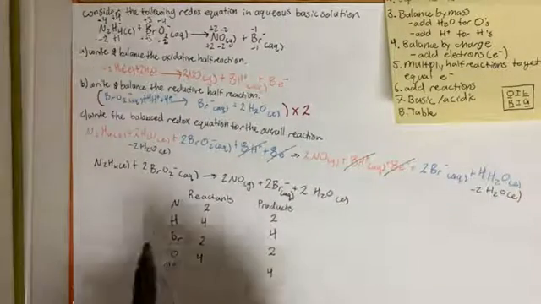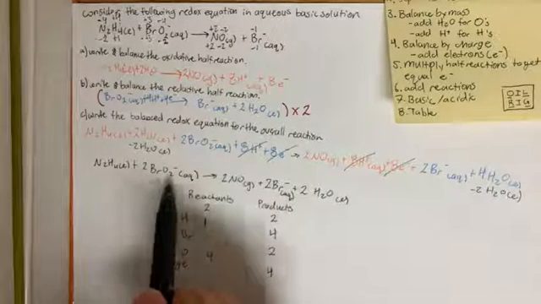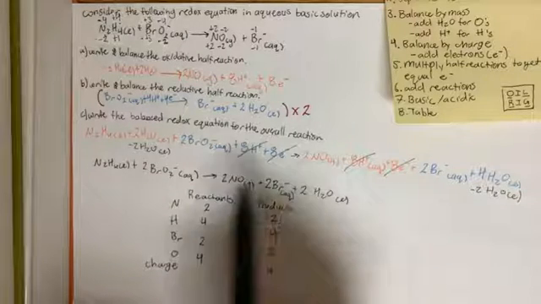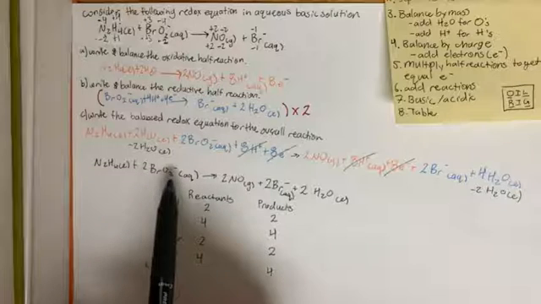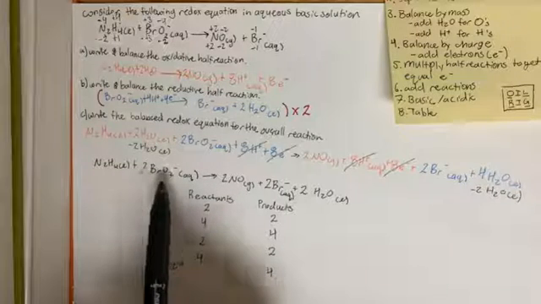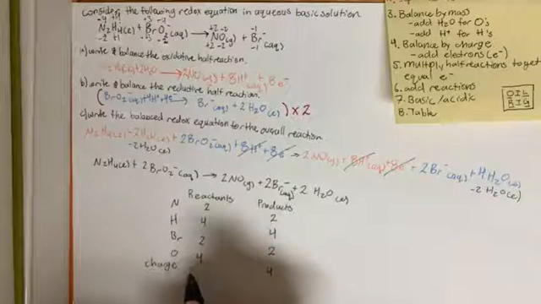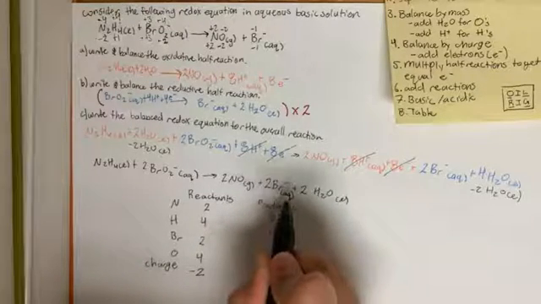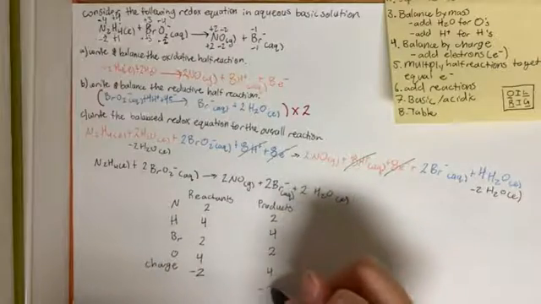And charge: the only charged species we have on both sides are the BrO2 minus in the reactants and Br minus in the products. We have 2 of the BrO2 minus, so it has an overall negative 2 charge in the reactants, and 2 Br minuses, so we will also have a negative 2 charge in the products.